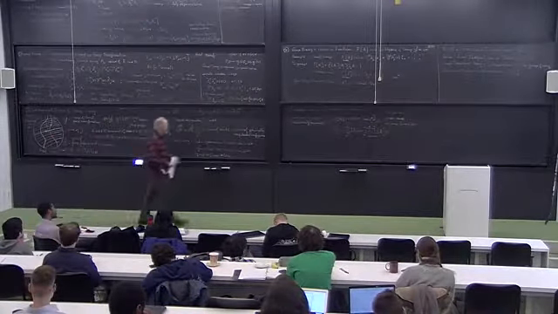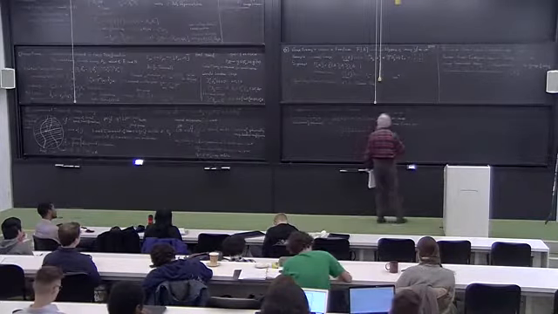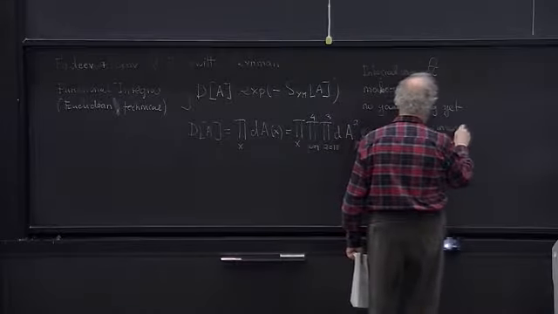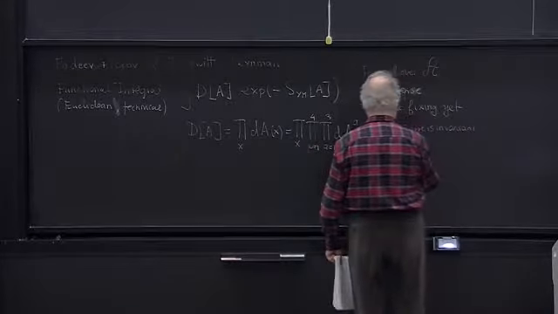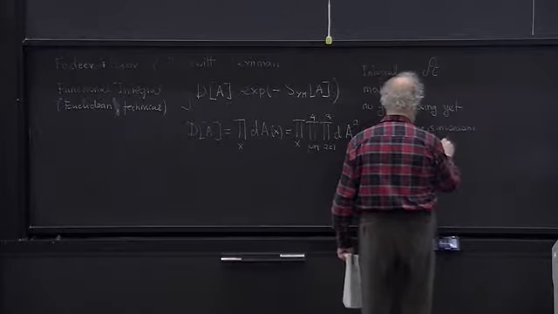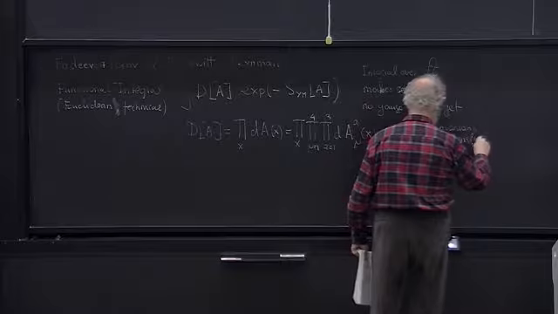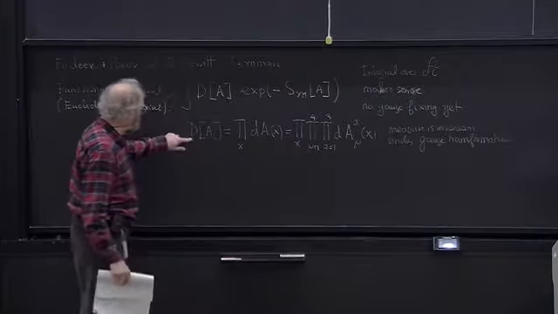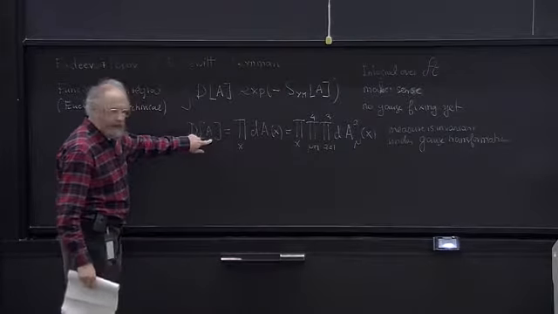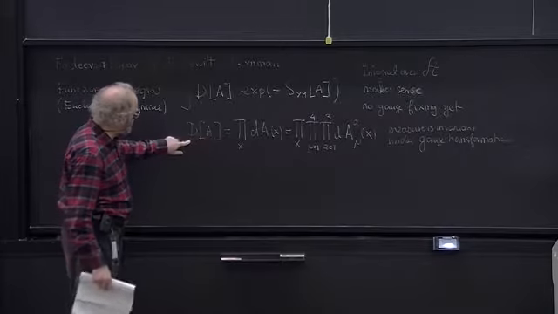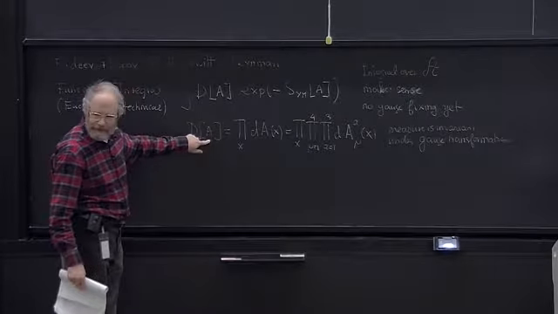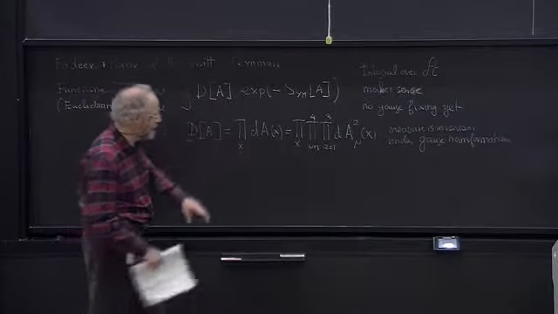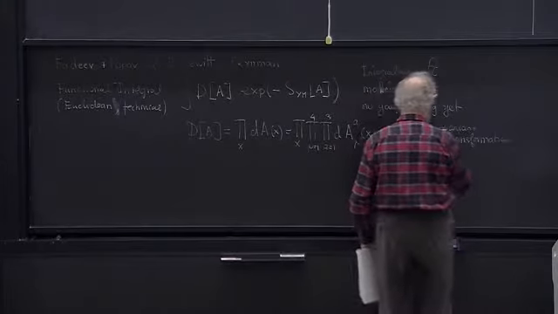So in particular, this measure is invariant under gauge transformation. This means that if you compare the volume element of a gauge field configuration and the volume element of a gauge transformed gauge field configuration, it's the same. It's an important property of this measure.